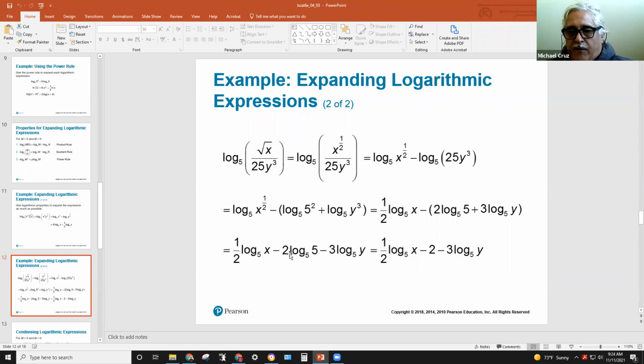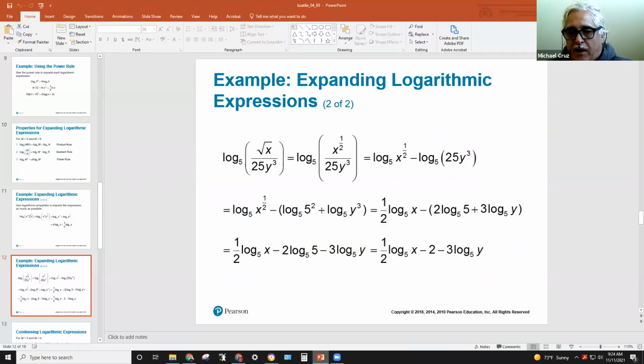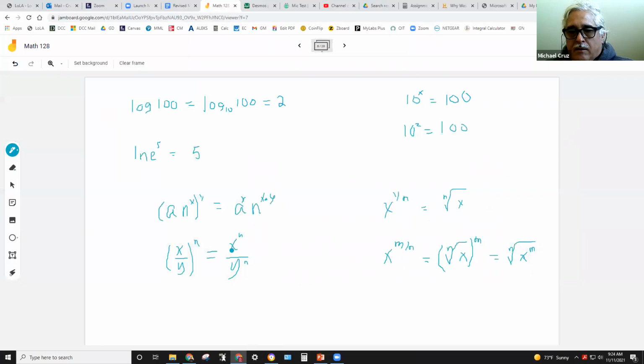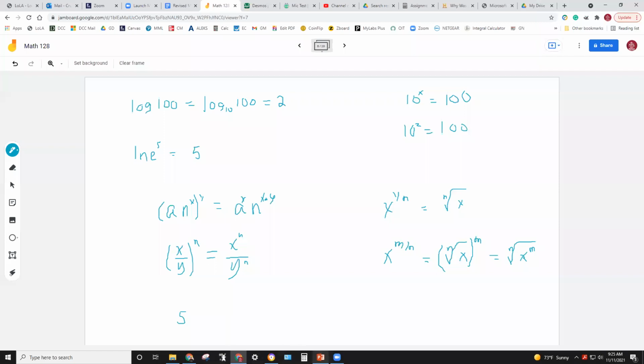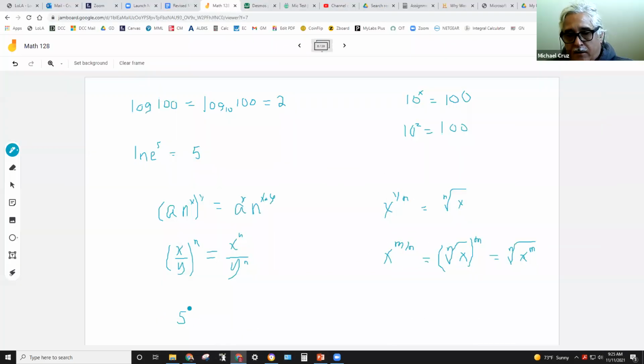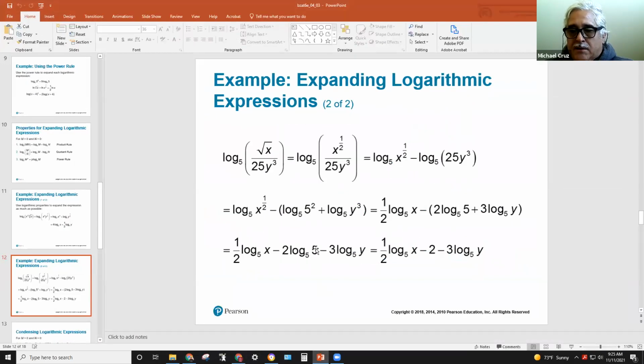But this one is very much like that first one we looked at, because this is log base 5 of 5. So 5 to the first power is equal to 5. And how do you see that? Because the base and the logarithm are the same.